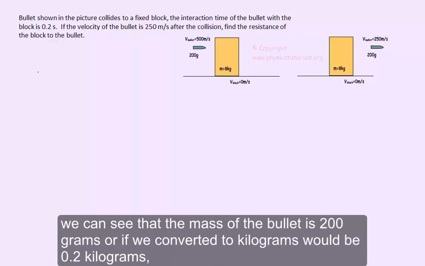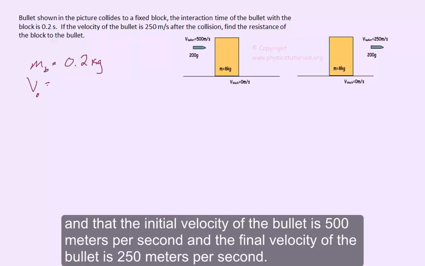From the picture, we can see that the mass of the bullet is 200 grams, or if we convert it to kilograms, 0.2 kilograms, and that the initial velocity of the bullet is 500 meters per second, and the final velocity of the bullet is 250 meters per second.